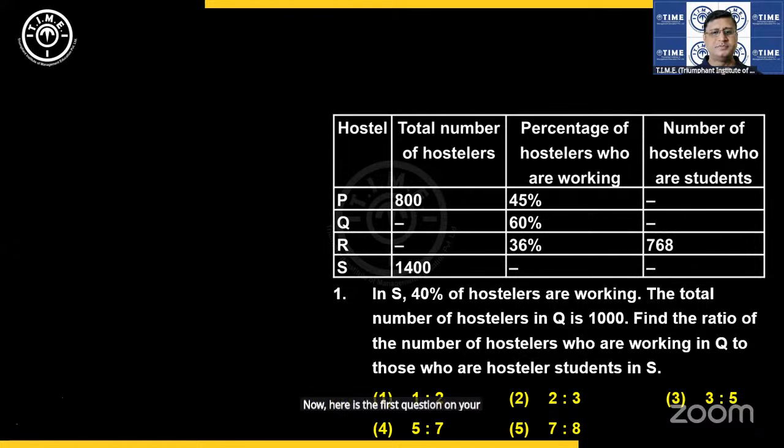Look at the table. In S, 40% of the hostelers are working. The total number of hostelers in Q is 1000.